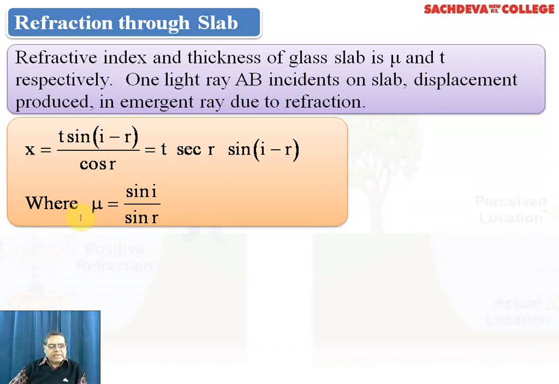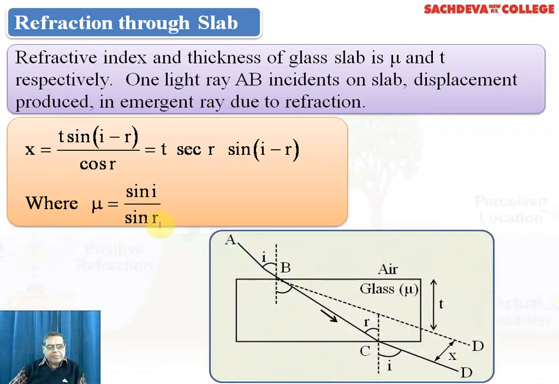Now the refractive index mu is given by sine I over sine R, so we have to use this relation. Again a glass slab is indicated. AB is the incident ray of light making angle I with the normal.